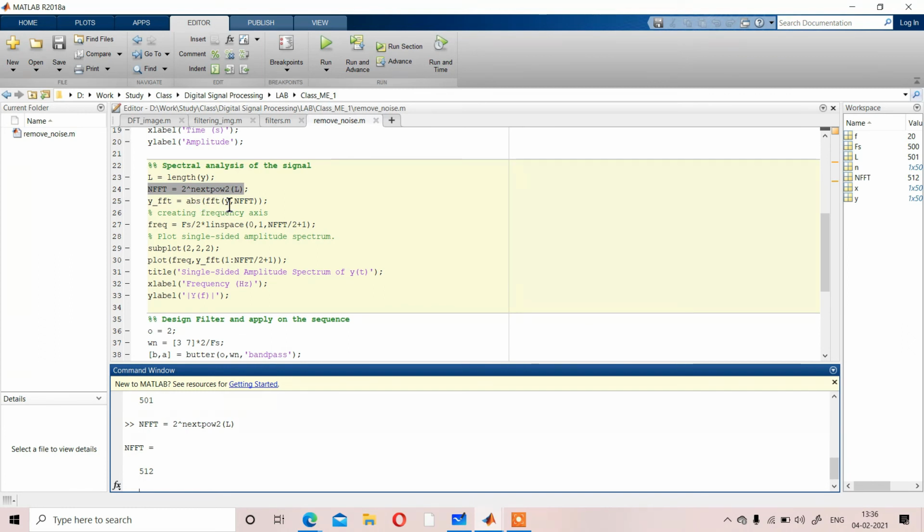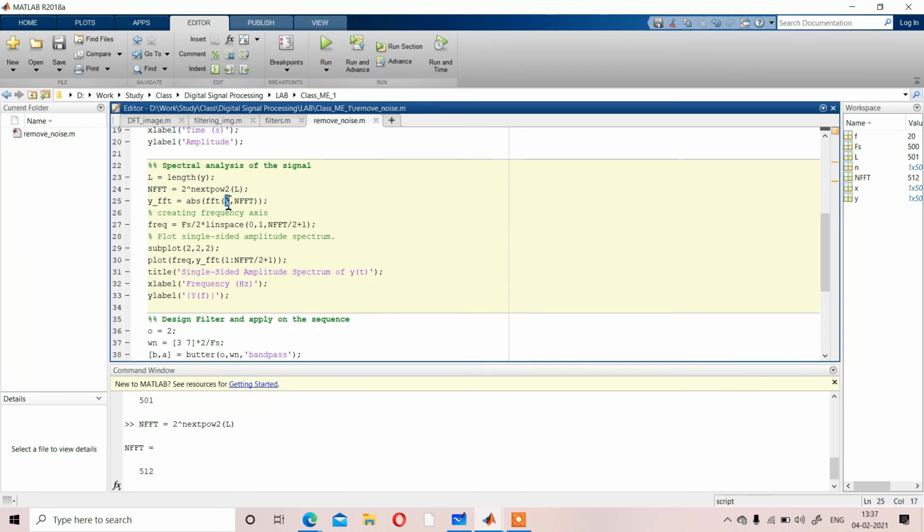We are taking the FFT of y, because y is the input noisy sequence, over a length of 512.